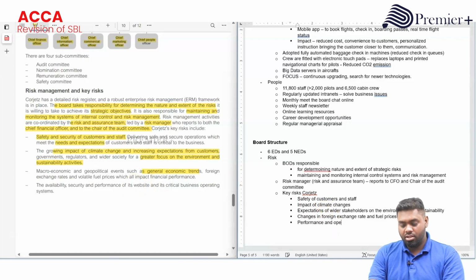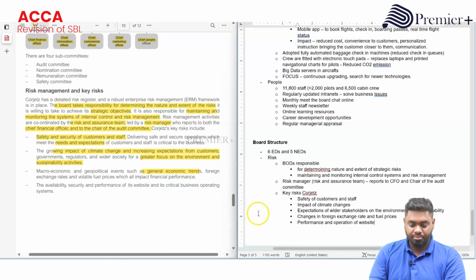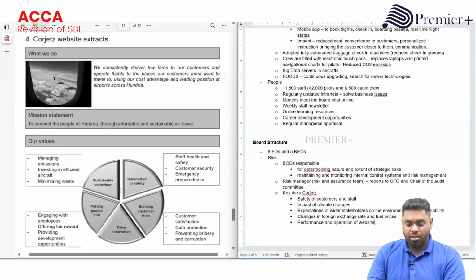Performance and operation of website and its business operating systems. Okay. Right. Next, we will be looking at an extract of Cojet's website.